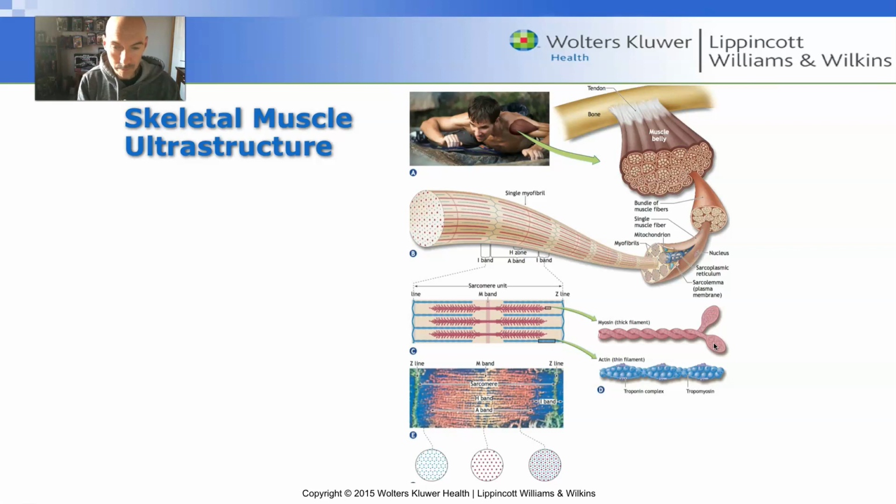Now, these golf club heads, these cross bridges, are attached to the actin, okay? When they are energized with ATP, these golf club heads will sort of cycle, right? They'll flip inward, producing shortening of the entire sarcomere. So not all of these, but a percentage of the cross bridges are going to cycle at one time, and that's going to bring the whole sarcomere closer together.